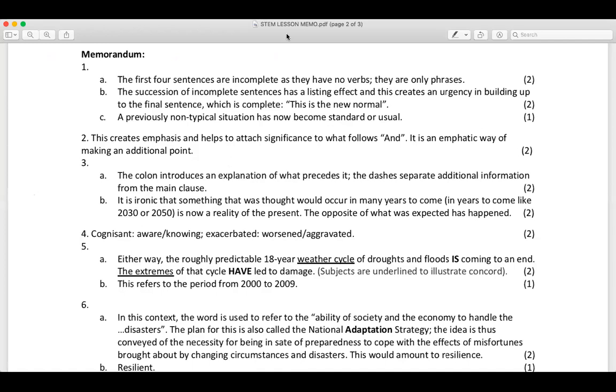Yes, the succession of incomplete sentences has a listing effect, and this creates an urgency in building up to the final sentence, which is complete. Yes, it creates that urgency.